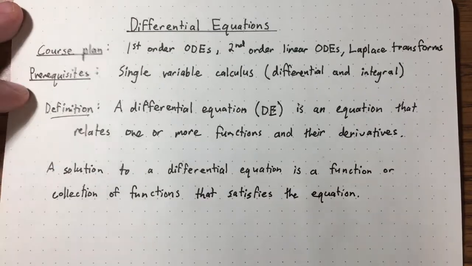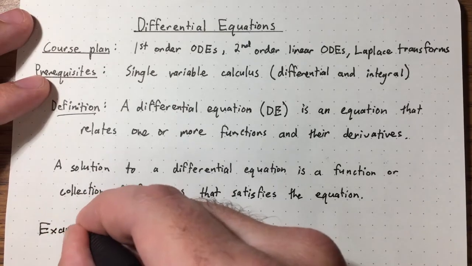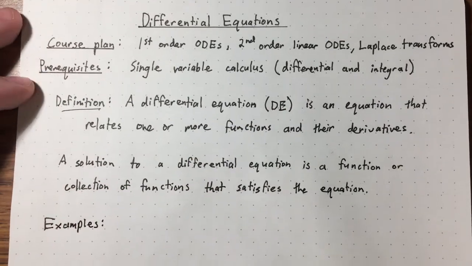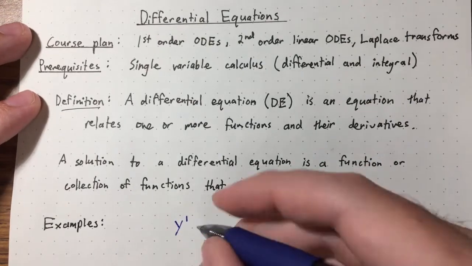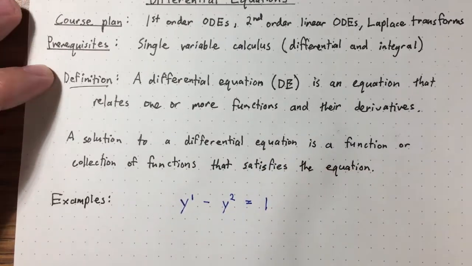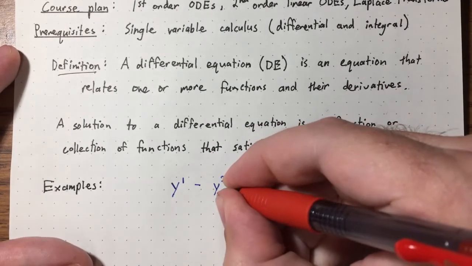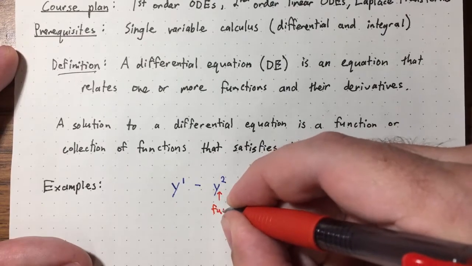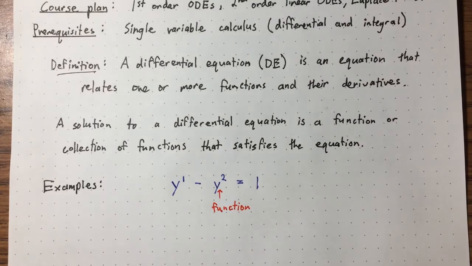So let's see what these differential equations look like. I'll just write a few examples, just so we get an idea. The first one we'll look at is y prime minus y squared equals 1. Okay, so what's going on here? I want you to keep in mind that this y here is actually a function. It's not a number, it's a function. And so I often like to think of differential equations as sort of mathematical riddles.